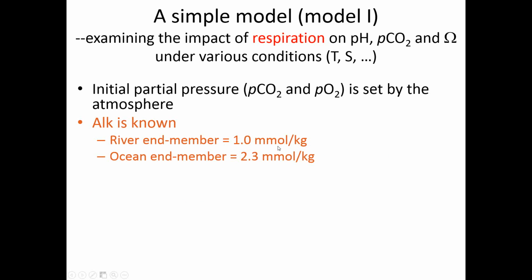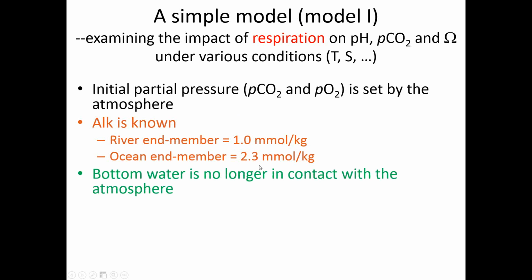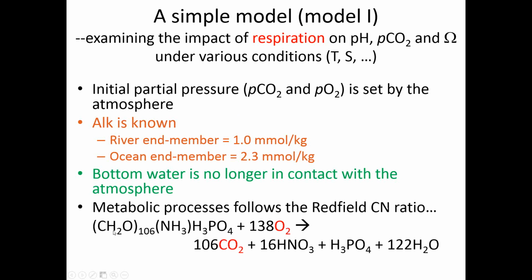Oh, sorry, it is millimole per kilogram. Bottom water is no longer in contact with the atmosphere, and then there is this simple Redfield ratio metabolic process. Now later I will question this.